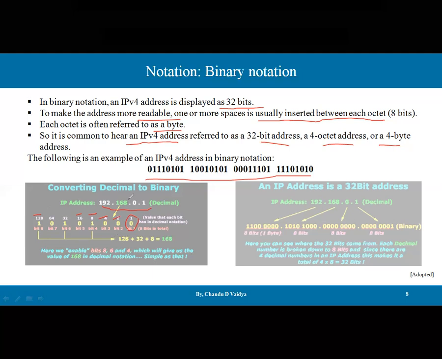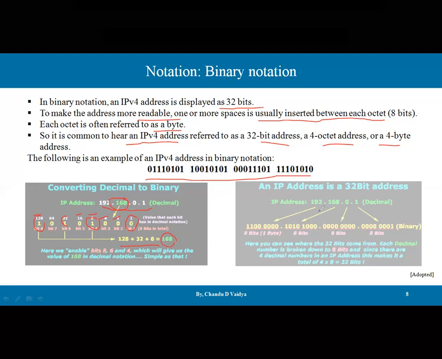Let's check. To represent this 168 in binary, we have 8 on, 32 on, and 128 on. If I add 128 plus 32 plus 8, it becomes 168. This is the weightage of that particular decimal number in binary.